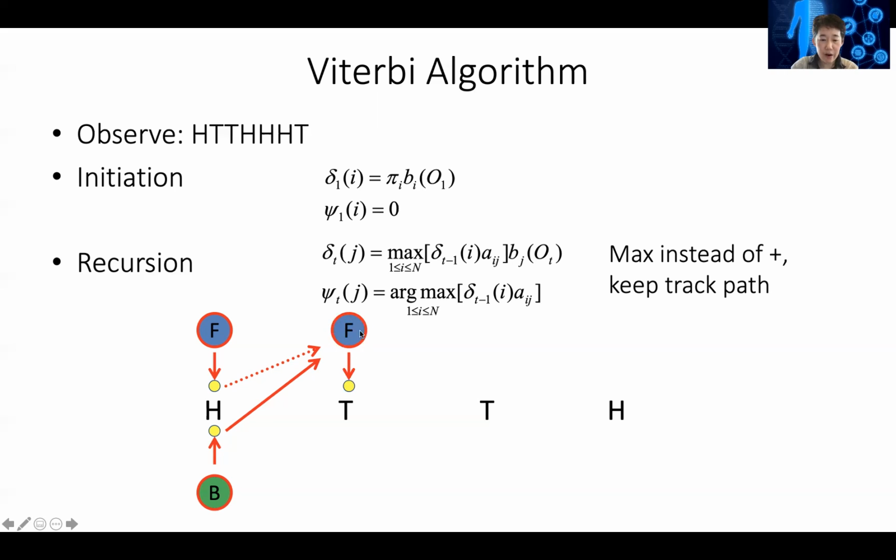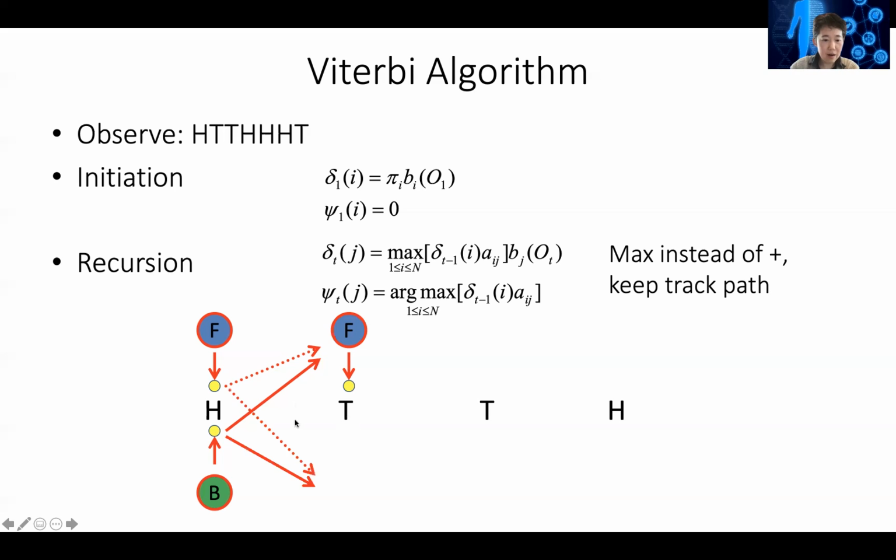So you only use this previous delta number multiplied by this particular transition probability, and then multiply by the emission probability of the fair coin to emit a tail.